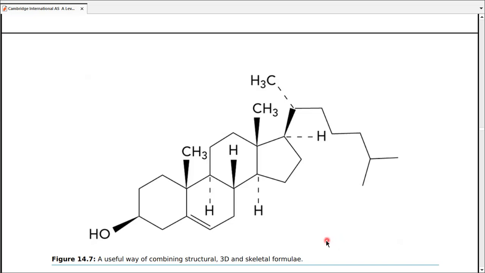I hope this makes complete sense to you, because the wedges mean the bond towards you, or the structures. It can be a single atom, it can be a group of atoms, it can be a functional group, it can be anything. When I say single atom, I mean this. When I say a group of atoms, I mean this. When I say a functional group, I mean this. So I hope you understand. The same thing can be happening with the dotted lines.